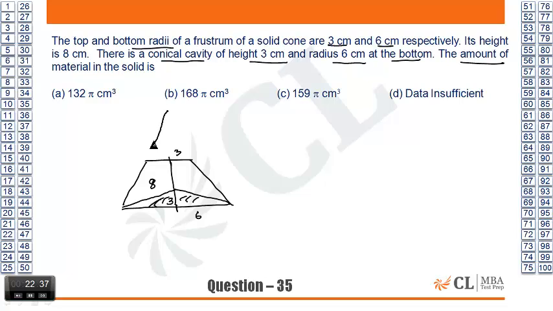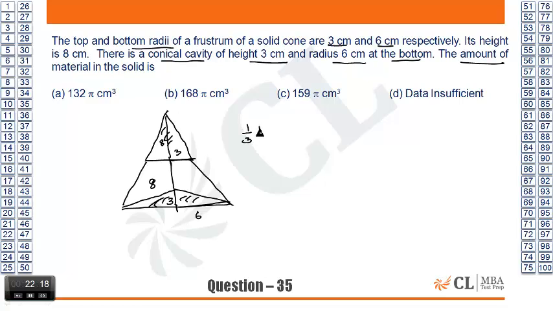Okay, we can take like this, no? Let's take the complete cone, remove this and remove this. And this ratio is 3:6, which is 1:2. Therefore, this ratio would be also 1:2, which means this height will be also 8. The total height will be 16.